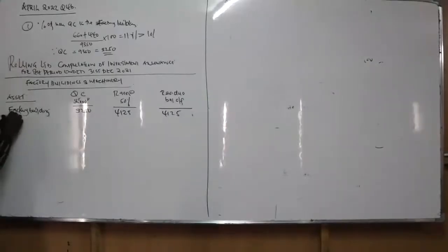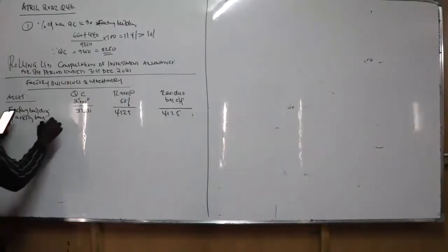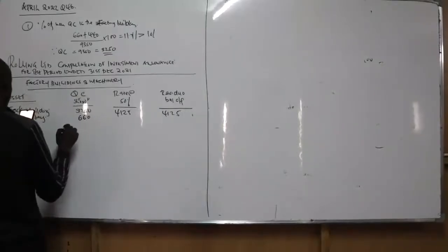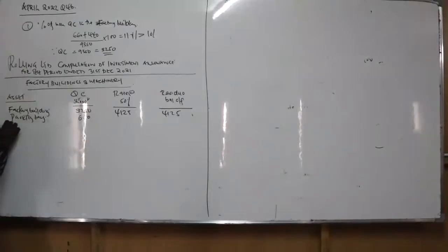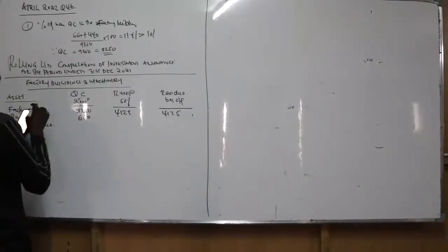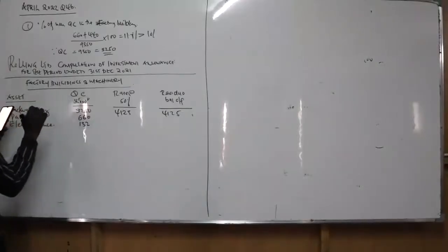Parking bay will also qualify under this category. The total amount is 660. We have electric fence to also qualify under this category. Electric fence is 132,000, so that is 132. Remember, we're putting thousands there.